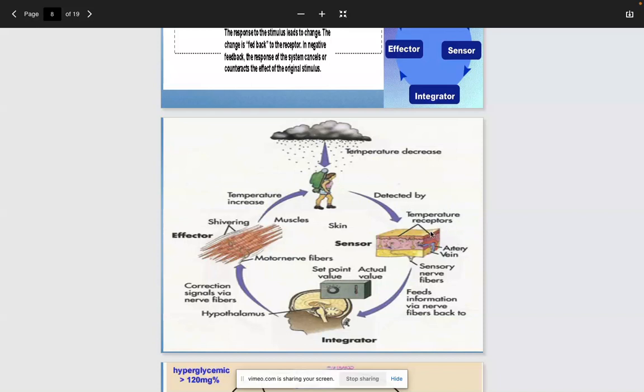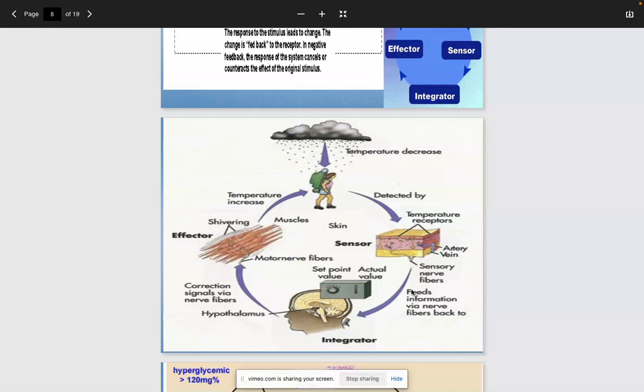From there, temperature receptors would send a message to the hypothalamus, which is present in the brain. And the hypothalamus is responsible for setting the control set point. So it's going to say, hey, body, we need to warm up, right? So in order for that to occur, we're going to start to shiver. Shivering is going to increase metabolic rate, which is going to produce heat, which is going to help us warm up.